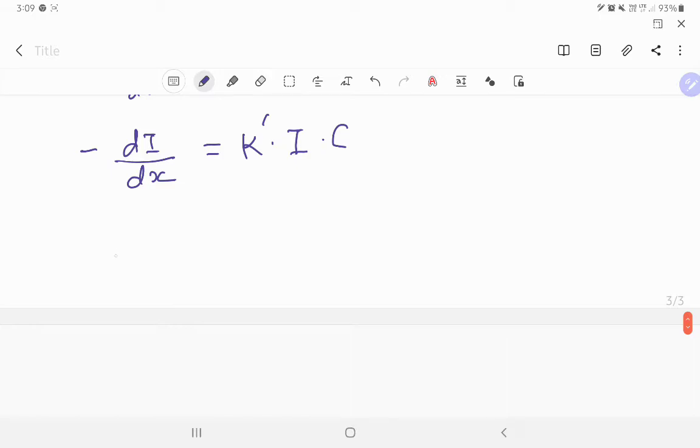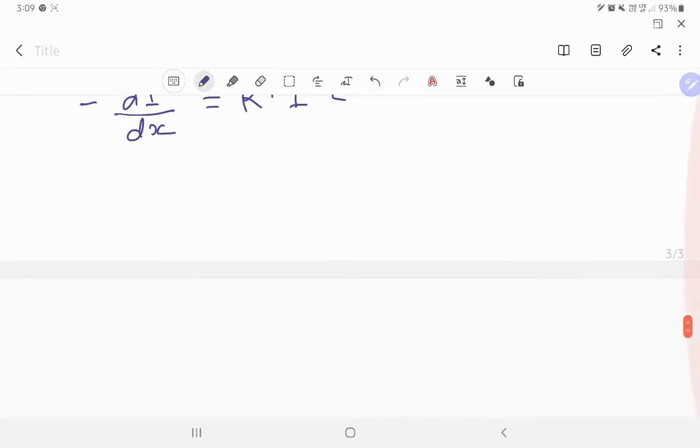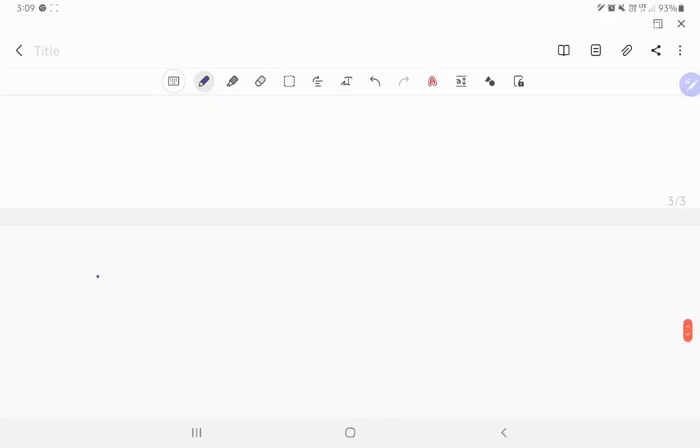Okay. Now if we solve this, minus dI by I is equal to, taking similar terms to one side, k dash C dx, not x, dx.